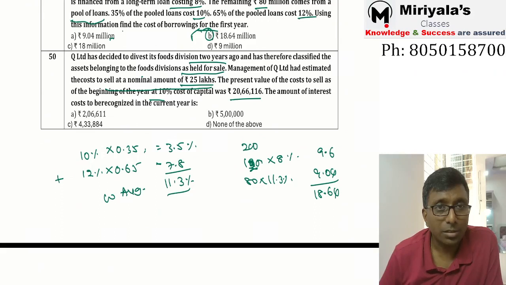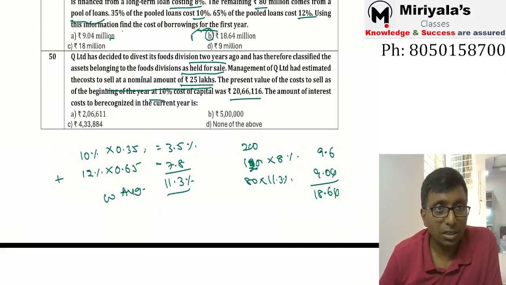I think I didn't get the concept here. What is that? Which is held for sale. Management of Q has estimated the cost to sell at a nominal amount of 25 lakh rupees. They wanted to sell it. That's not a problem. Present value of the cost to sell is equal to 20 lakh rupees. Okay.